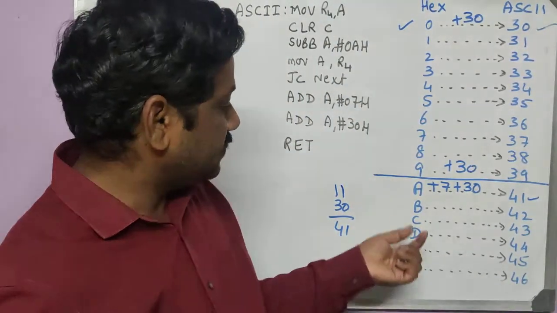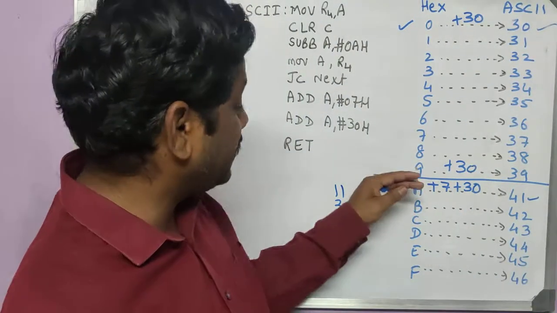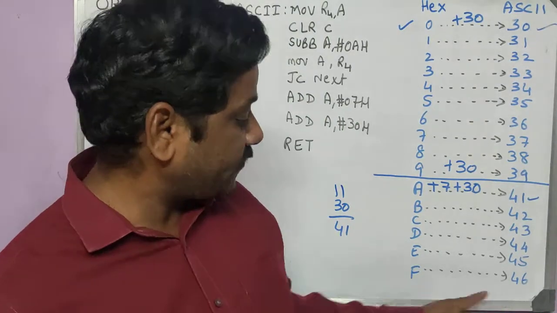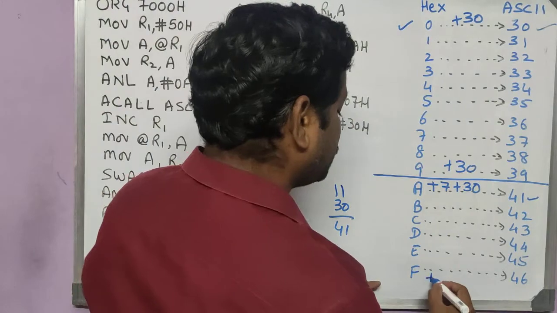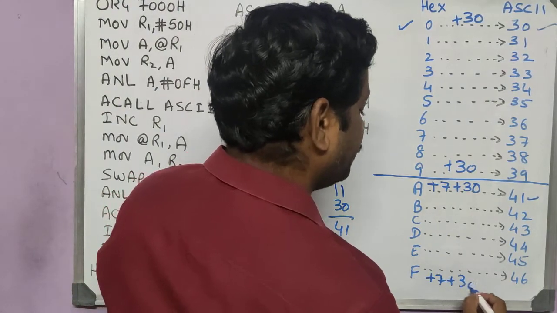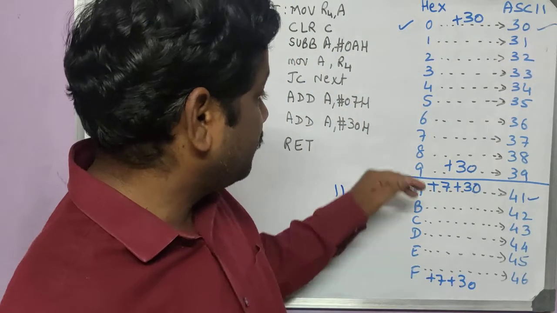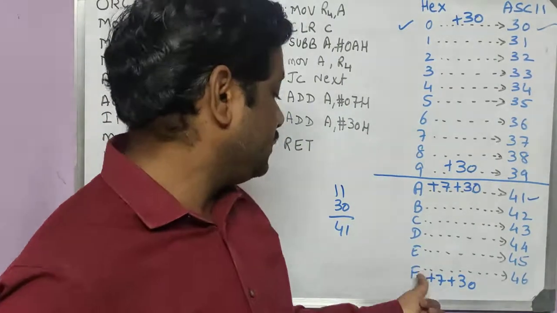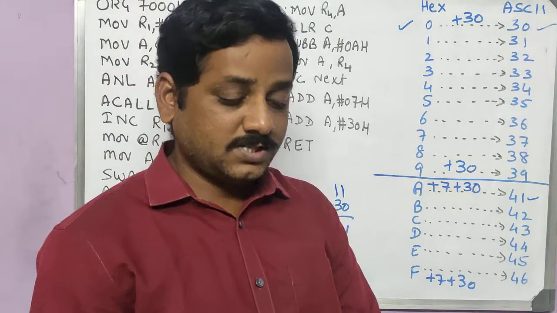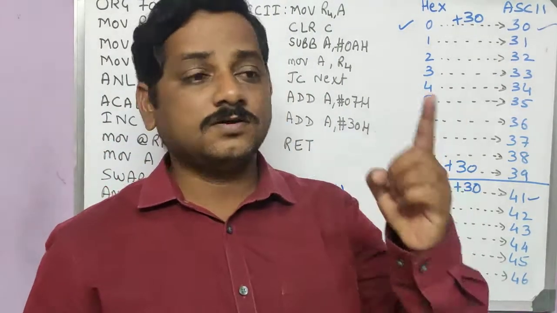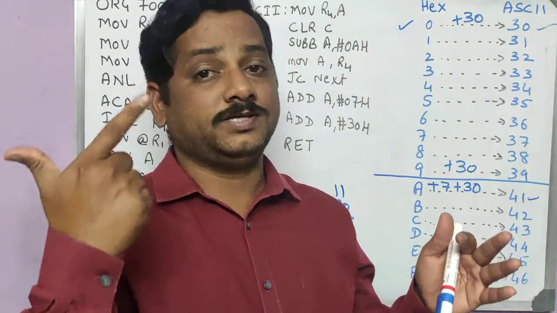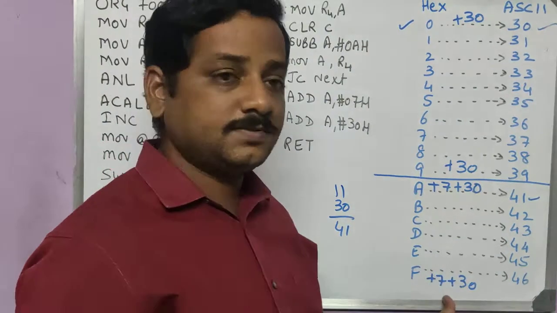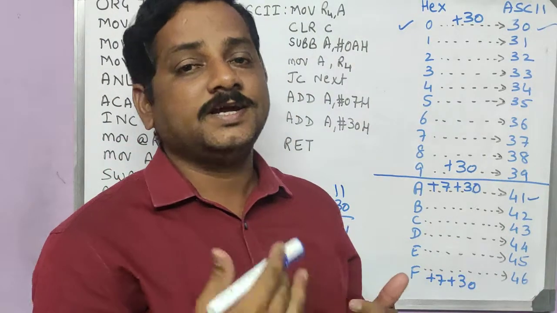Right. So this logic remains the same for A to F. If I give F, I should get 46. To do that, I add 7 and then 30. That is the only difference between this case and the previous one. F plus 7: let's see what the number is. After F, you get 10, 11, 12, 13, 14, 15, 16. After 16 plus 30, it's 46.